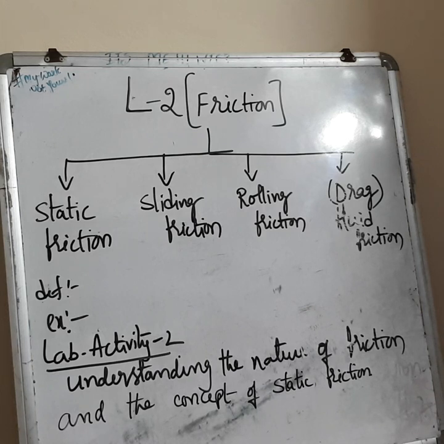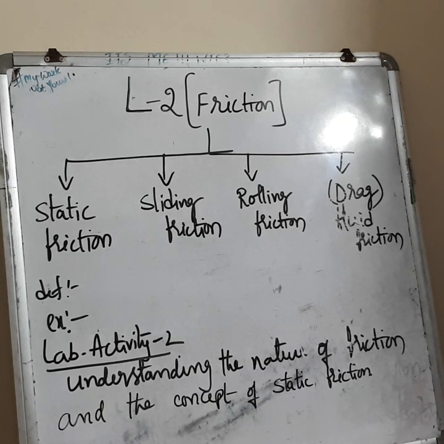Due to these irregularities, when you try to move on any surface, an interlocking system develops between the surface of an object and the surface of the floor, wall, or whatever it may be.